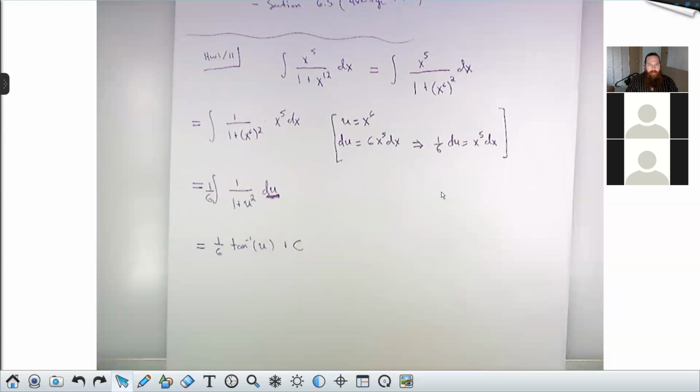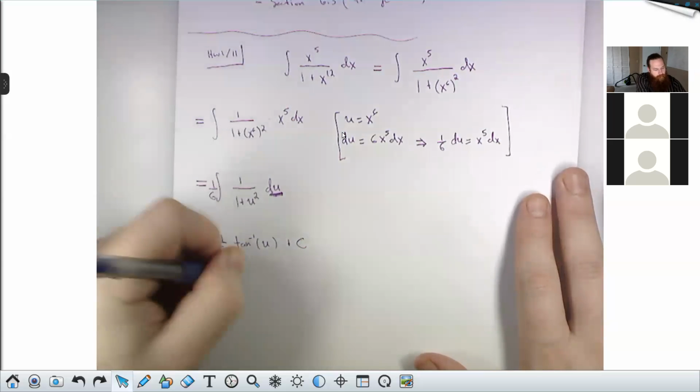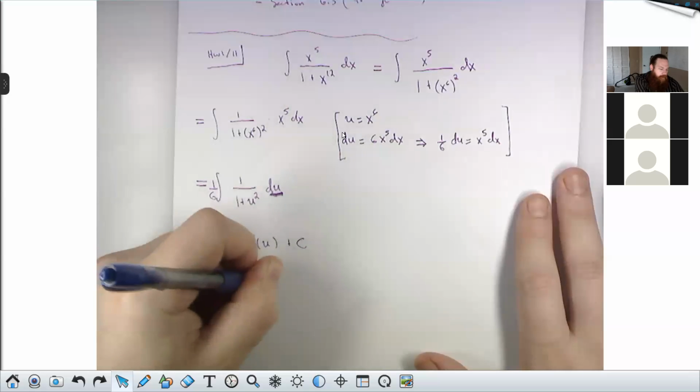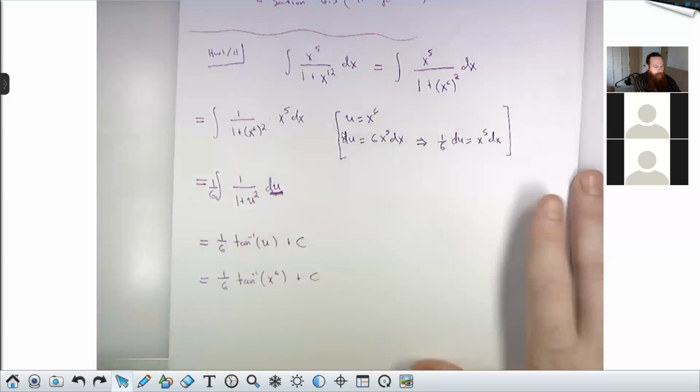And then the last step here, just because this is an indefinite integral, no bounds, we're not evaluating, so we tack on our plus c, and we have to go back to the original variable. So that is 1/6 times the inverse tangent of x to the 6 plus c.